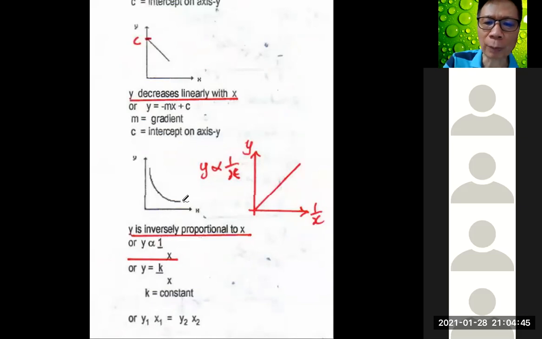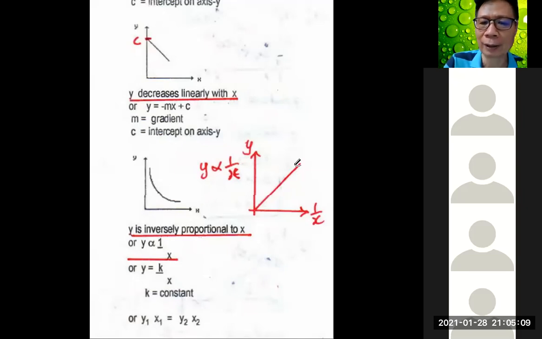And one more thing you need to learn. From inversely proportional, this is x, but when I change to 1 over x, okay, 1 divided by the number here, 1 over x, so from inversely it now becomes directly. So remember, no? Actually, this graph can change to this graph when you change this to 1 over x.